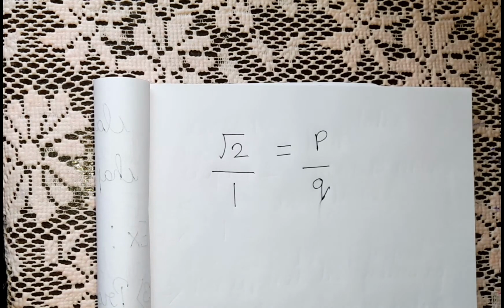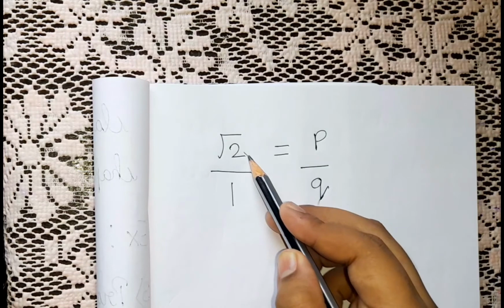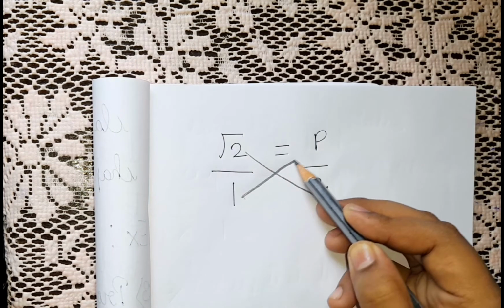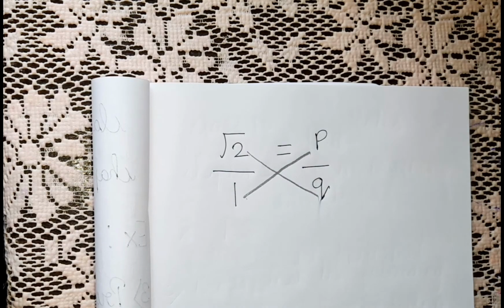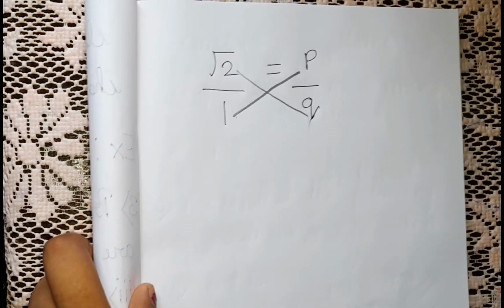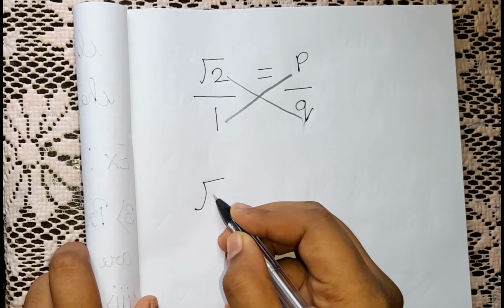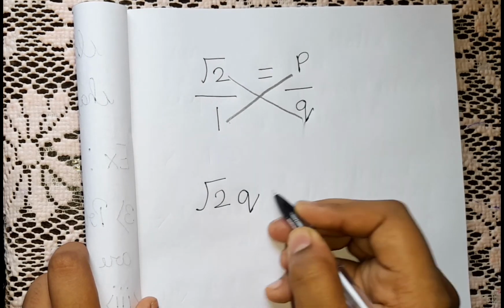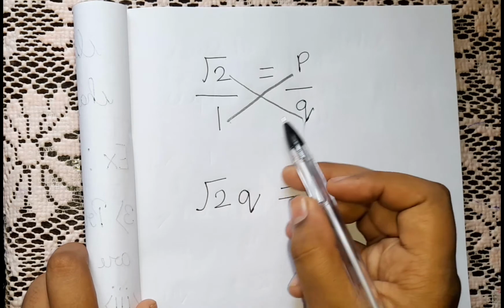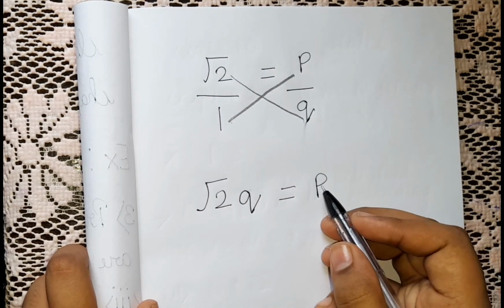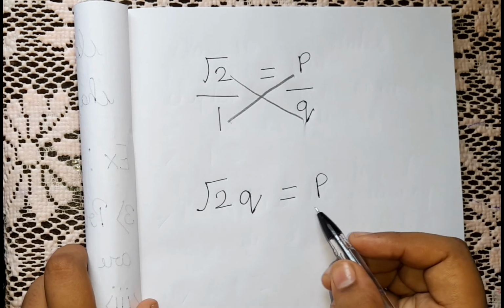Now we are going to cross multiply root 2 into q and 1 into p. When we cross multiply, we get root 2 into q, which is root 2q, is equal to 1 into p, which is p. Simply, if we write p, it means it is 1 only.